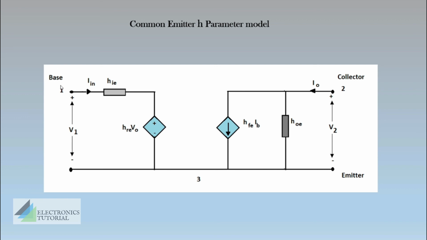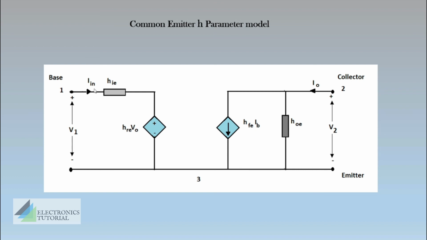The input port here is named as base because in a common emitter configuration, base will act as the input side and the emitter will be the common terminal which connects the input with that of the output, and output will be the collector terminal.